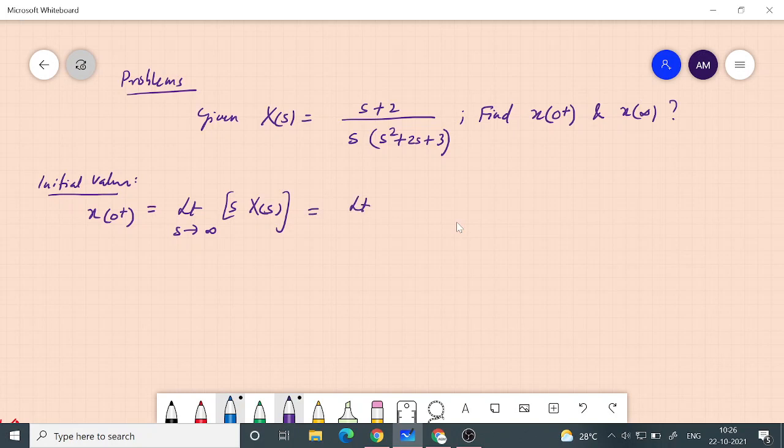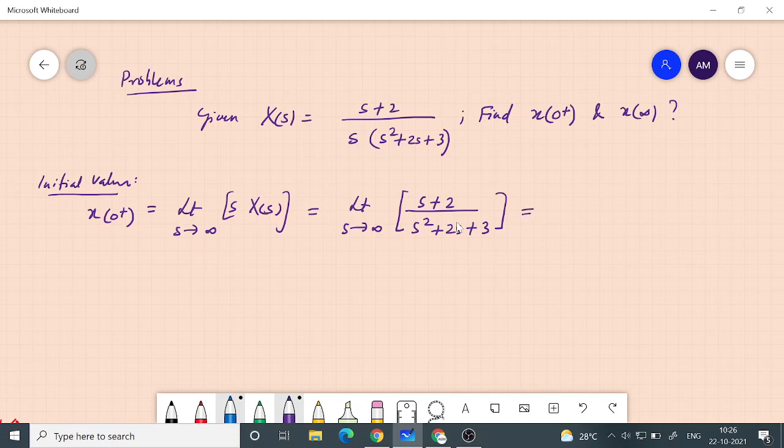When I multiply the given X of s with s, it will become (s plus 2) divided by (s square plus 2s plus 3). Okay, s got cancelled.